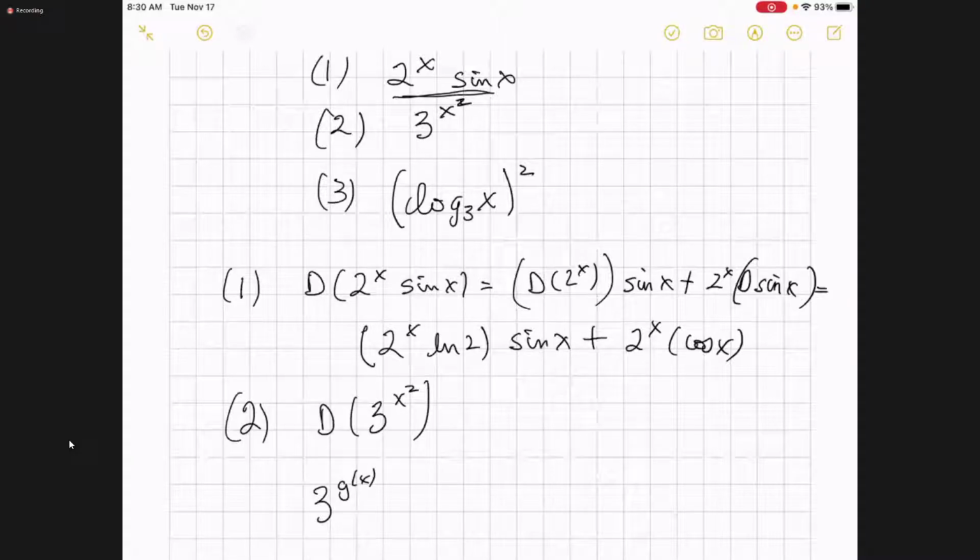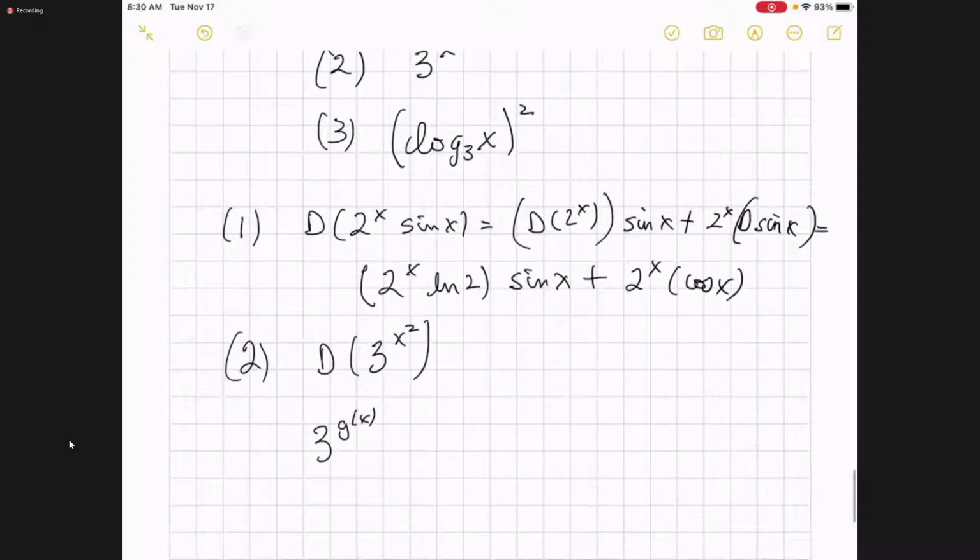Okay, so the derivative of 3 to the x, well, let's just analyze it here. Okay, so the inside function is u equal to x squared. The outside is 3 to the u. Okay, so the derivative of the inside is 2x.